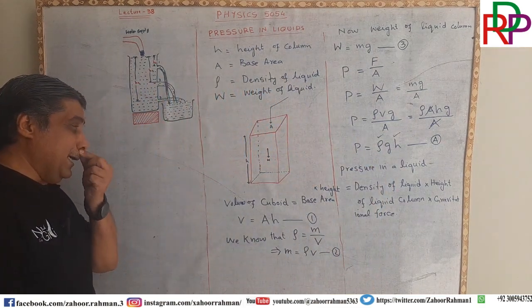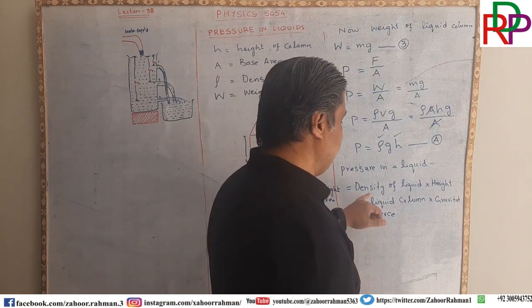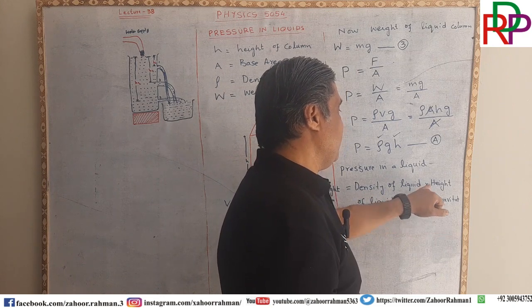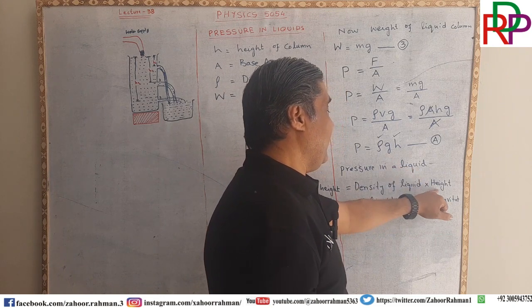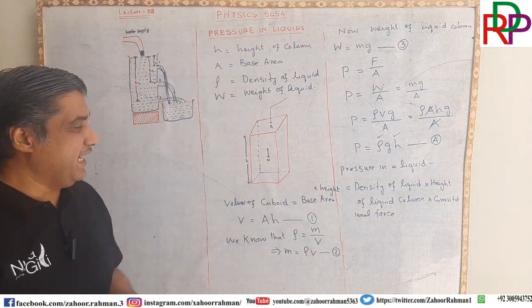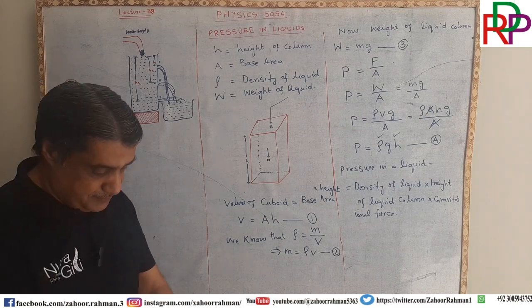So you can define the multiplication of density, gravitational field, and height of the column as the pressure of the liquid.